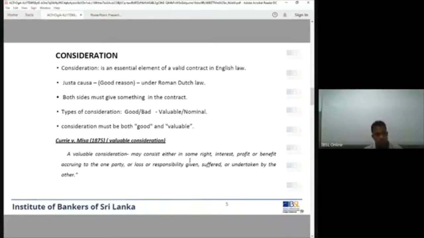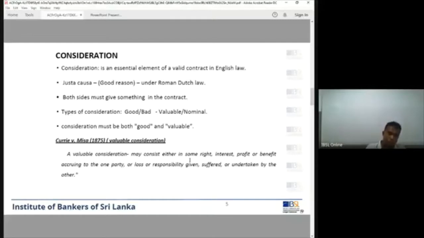Therefore, some parts of contracts are now governed by English law. For example, the British people introduced certain industries into the country. One of those industries is banking, so the banking business is governed under English law. Then insurance is another industry introduced by the British to the country.